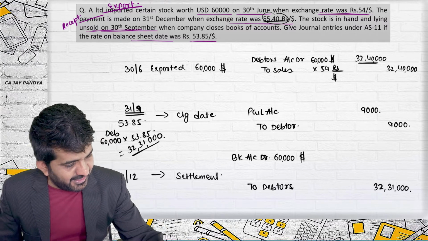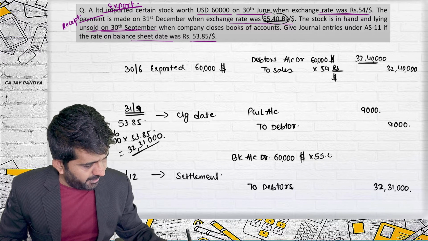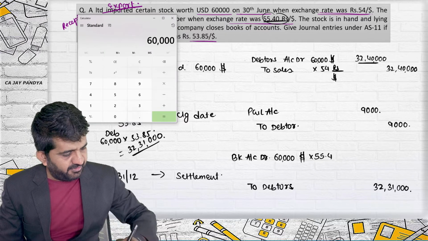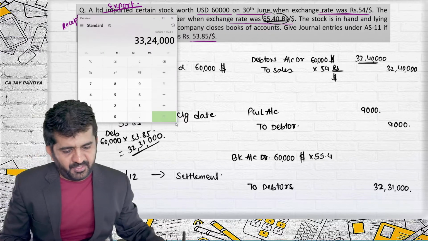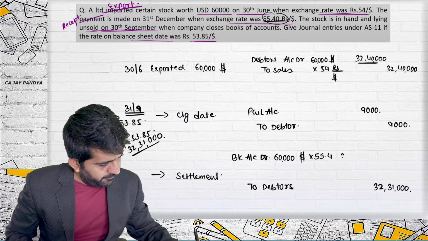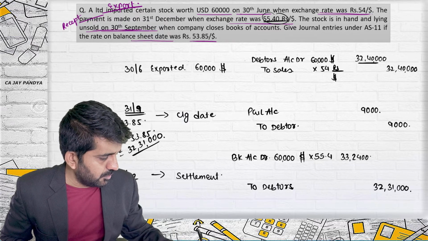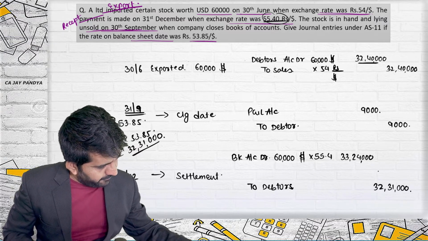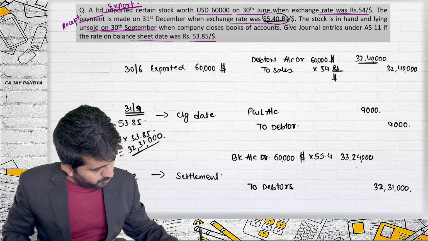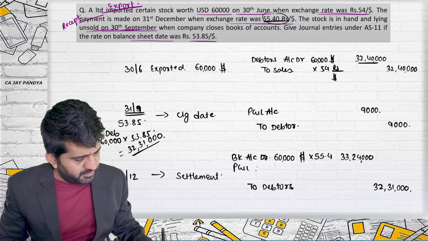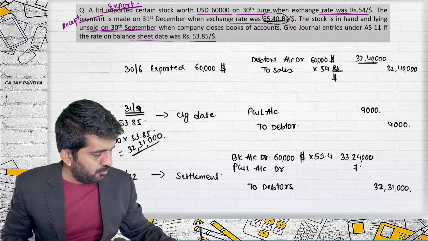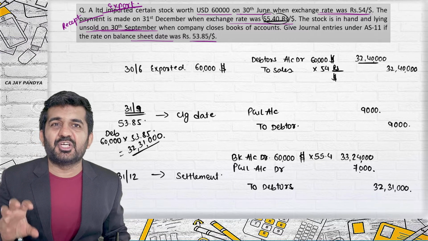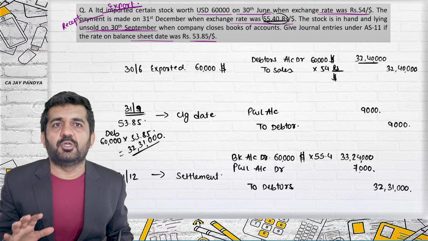And as on this date, the rate is 55.4. So how much money in terms of rupees will you be receiving? 60,000 into 55.4, that is 33,24,000. Which is higher than this. So the profit and loss account will be credited by the difference.